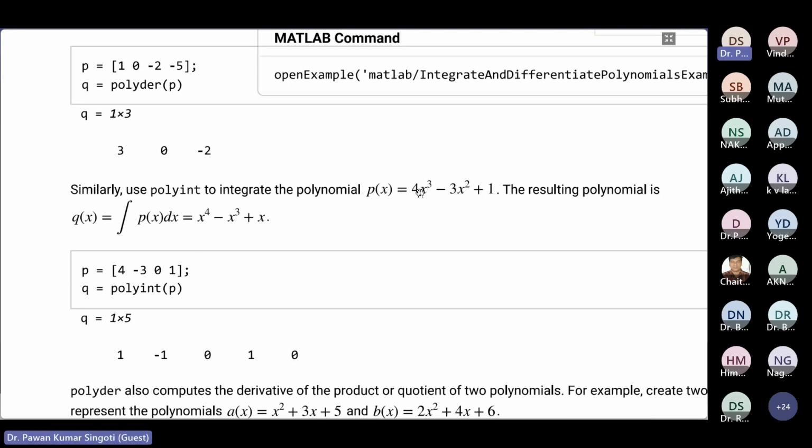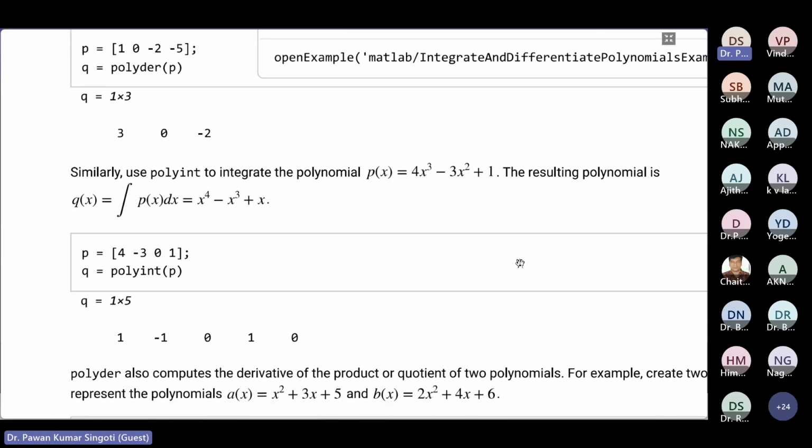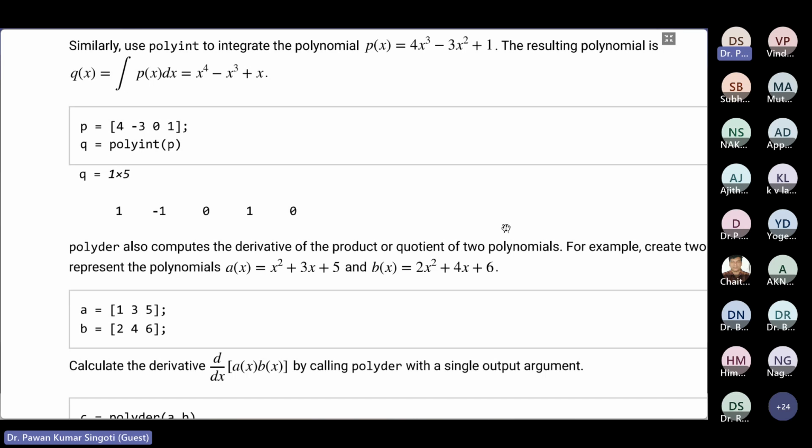We write the coefficients 4, minus 3, 0 and 1, and q will be our output after integration, so we write polyint p. After it we get these coefficients: x to the power 4, then minus 1 x cube, then x square is not there, then 1 x, then 0. So this is our output after integration.